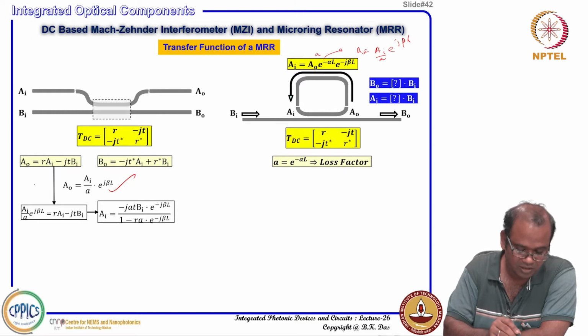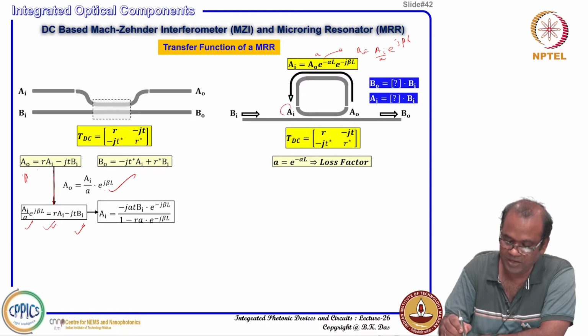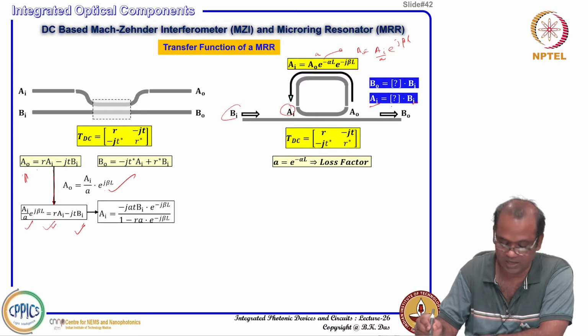I just put A naught in terms of AI. If I just substitute, this equation comes like this: R AI minus JT BI. Now, this equation relates AI to BI. AI to BI, that is our intention.